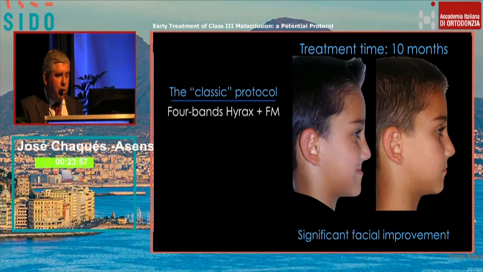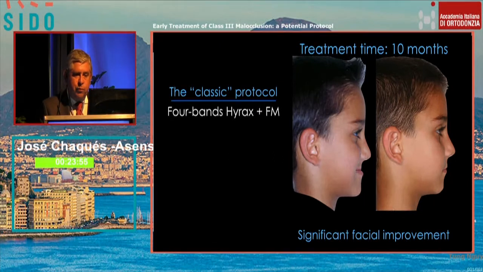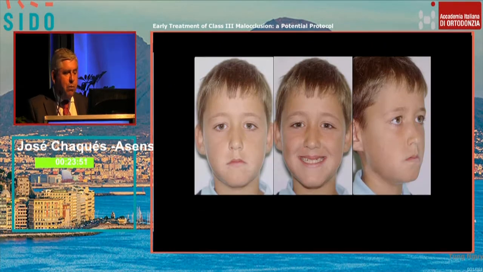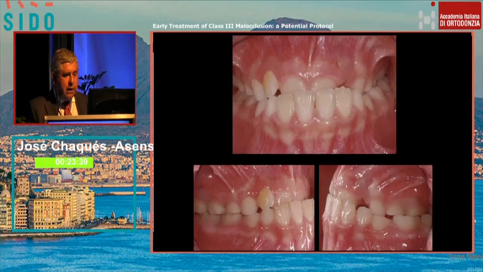So just by comparison, we can take a look at the differences, again, 10 months. And we can use that also in the mixed dentition, like this patient that has a genetic component. The father is a class 3 surgical patient of the office, and we see the functional deviation of the mandible according to a posterior crossbite and an anterior crossbite affecting all the anterior teeth.